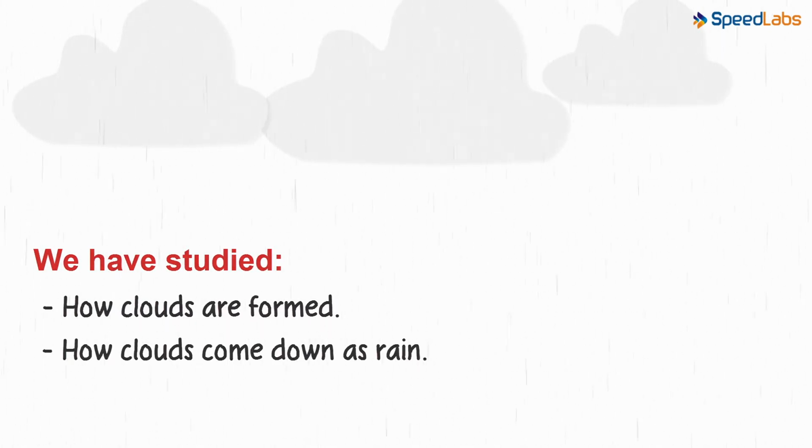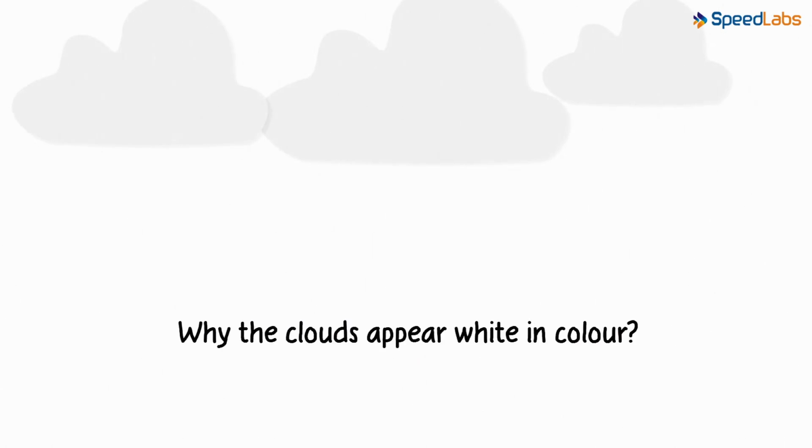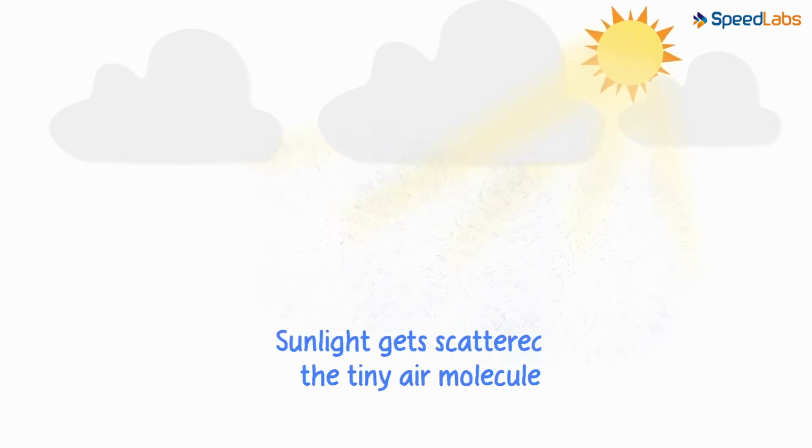But here's another interesting question for you. Have you ever wondered why the clouds appear white in color? Think hard. The sun is the main contributing factor as to why clouds often appear to be white. When sunlight goes through the Earth's atmosphere, it gets scattered by the tiny air molecules.